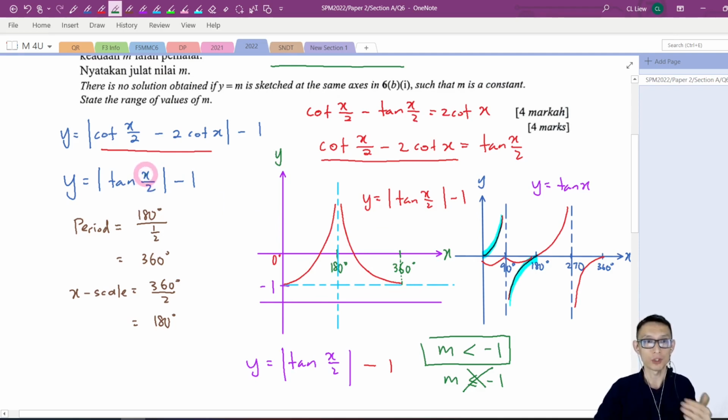The minimum it can go is 0, right? So 0 minus 1. It cannot be negative because it's modulus. So the lowest it can go for y is minus 1. So it will not go below the minus 1. Okay, so therefore our answer will be m less than minus 1.